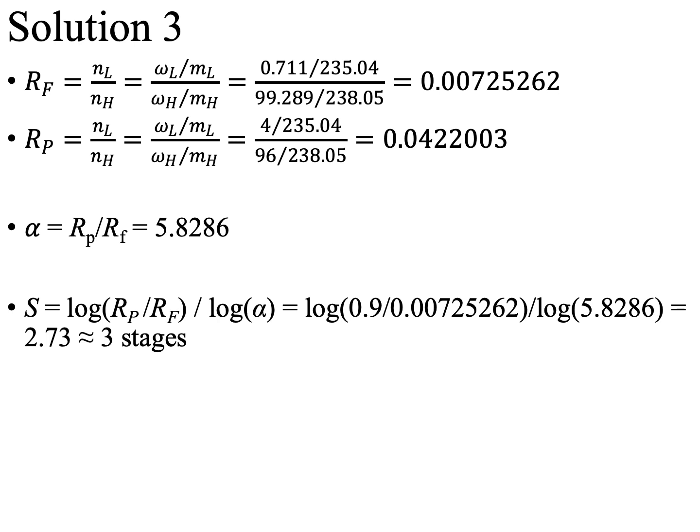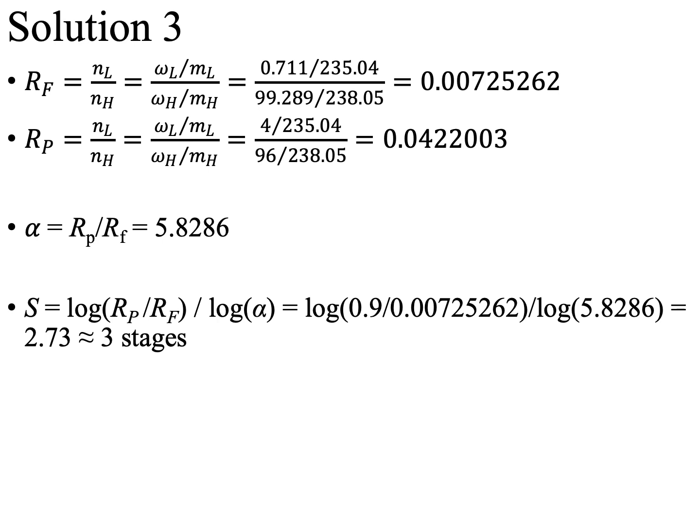Now let's go to the last one. For the last one, it is an isotope separation problem. First, we need to determine the abundance ratio of the product.